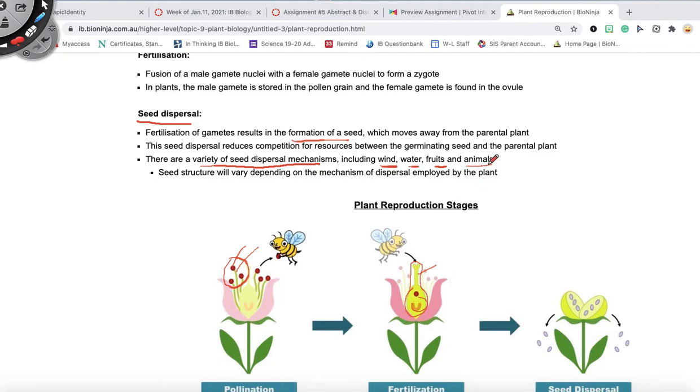Animals are the most common way to disperse seeds. Sometimes they just carry the seed stuck in their fur. Sometimes they'll eat the fruit and then they'll poop out the seeds. And there's a reason why the seed structure varies in shape, because every seed has a different mechanism of dispersal.